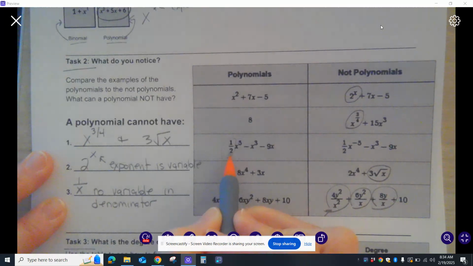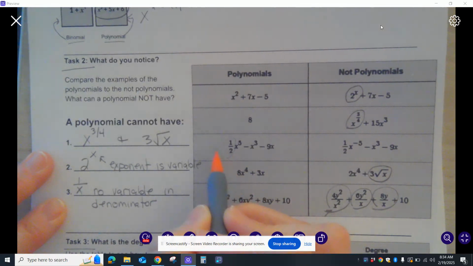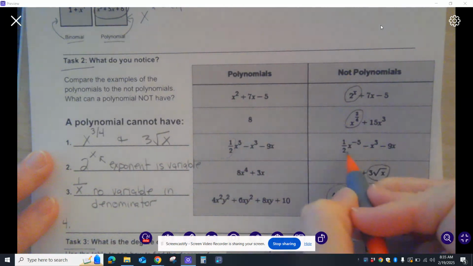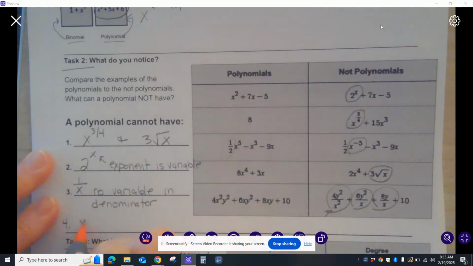A fraction with a number 2 in the denominator, that's okay. That's a polynomial. A variable, which means a letter, in the denominator means it's not a polynomial. And then I'd like you to add a number 4, which would be this, x to the negative 5, no negative exponents.